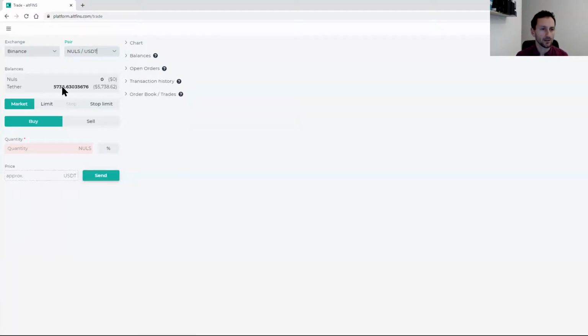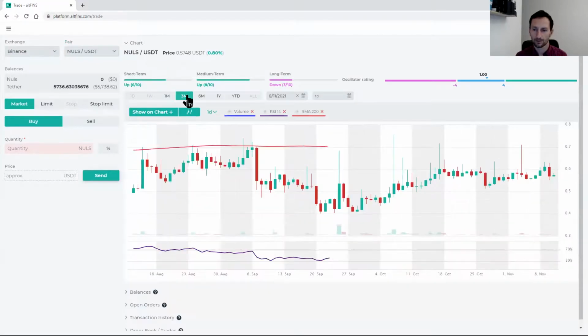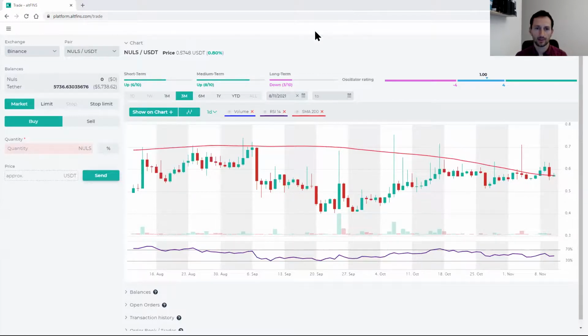So let's go ahead and see if you got some cash available. Tether. Look at the chart again. Right, so our assumption is that this is an ascending triangle. The support trend line is here, gradually increasing, while the resistance trend line area is up here.